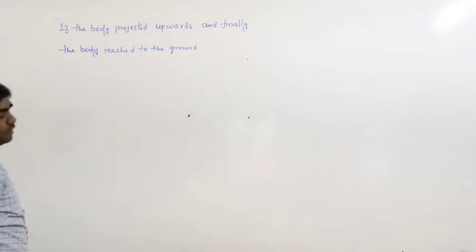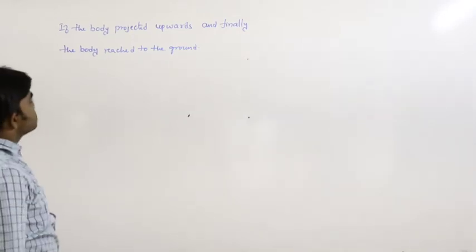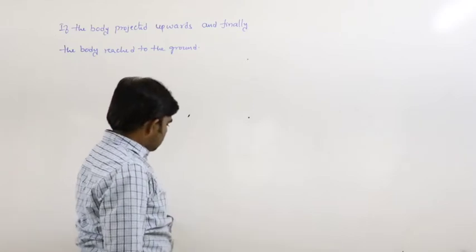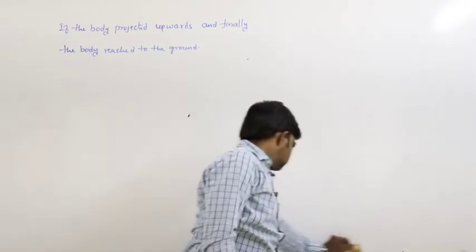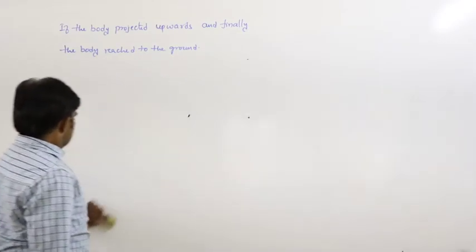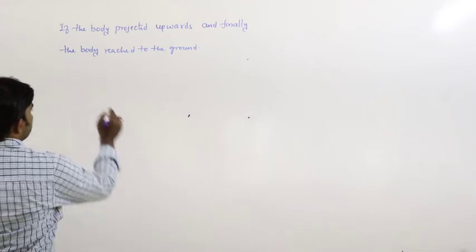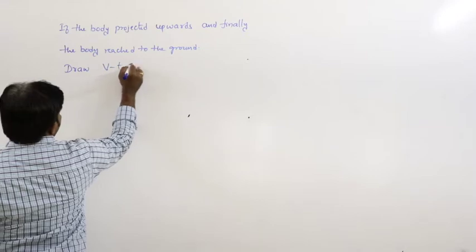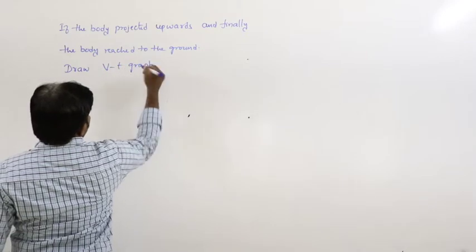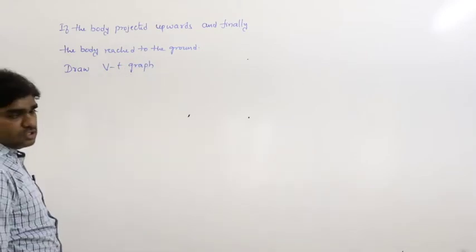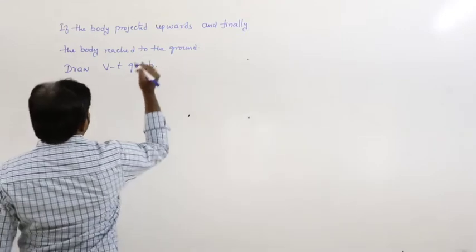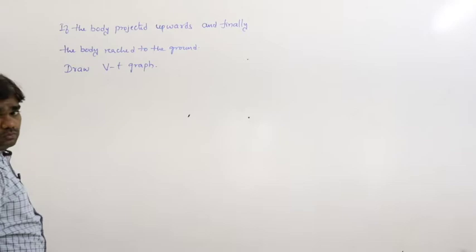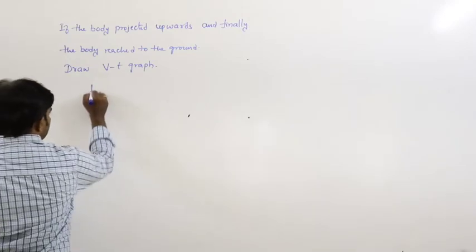Based on this, draw the velocity-time graph for this situation. Body projected upwards and finally the body reaches the ground. We have to draw the velocity-time graph here.